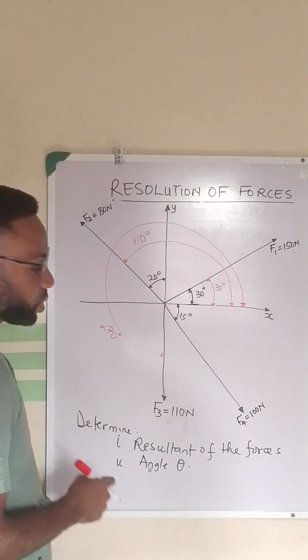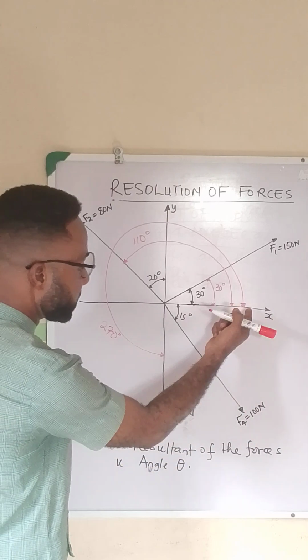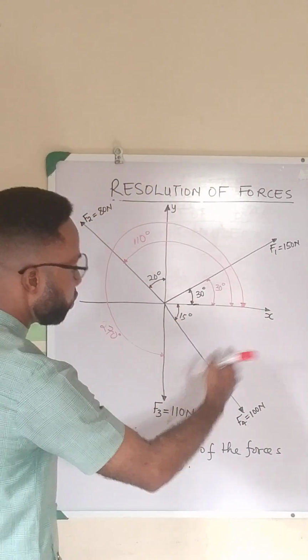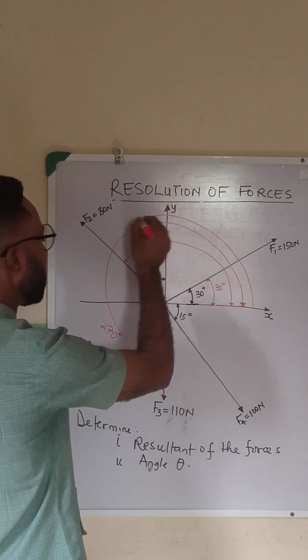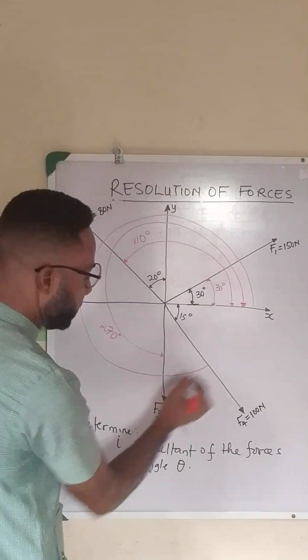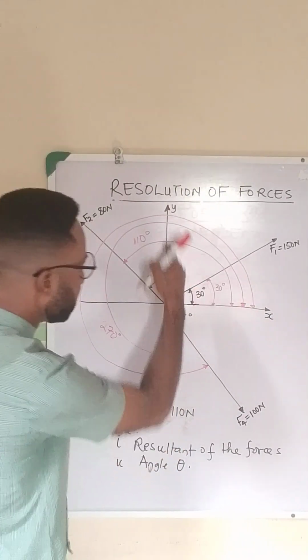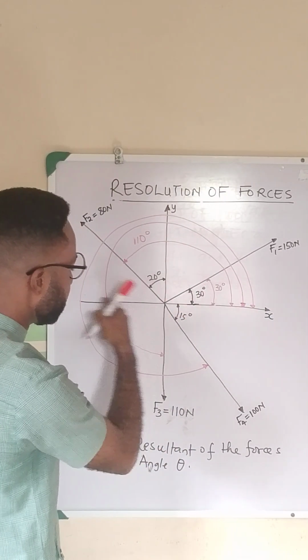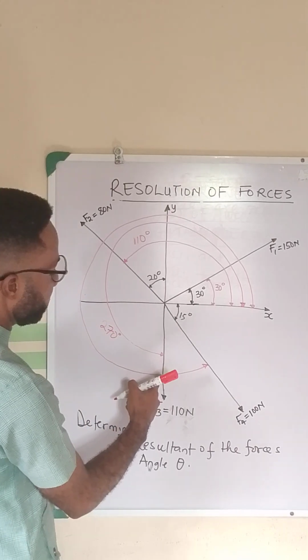Now for the last force, F4, we still take the angle from the positive side of x down to where the force acts. So it is here, and we know that here is 90 degrees, here is 180, here is 270 degrees.